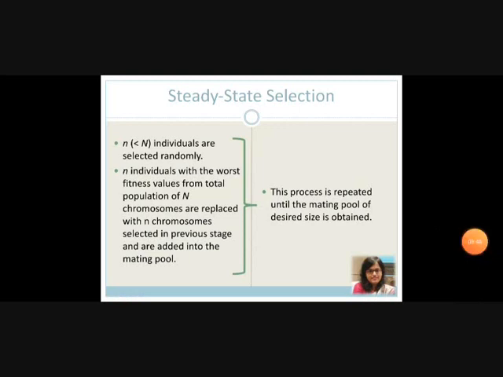So what we are basically doing is rejecting the less fitted chromosomes in favor of the best fitted chromosomes, and we are trying to achieve a steady state. So this is all about steady state selection.